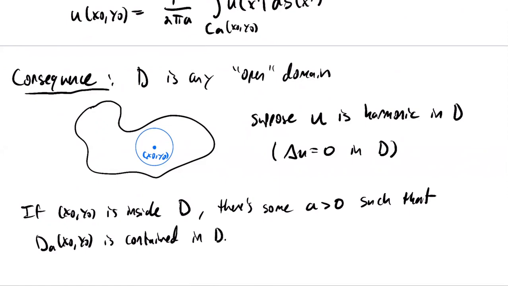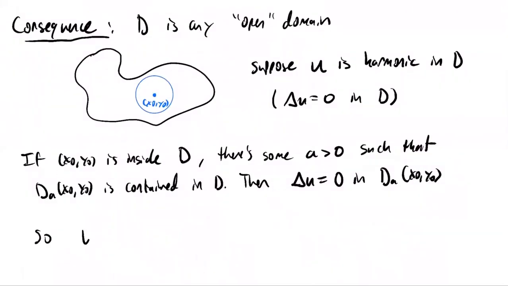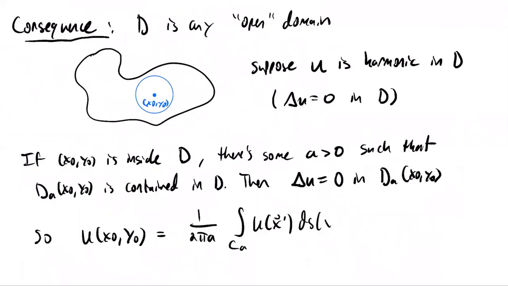Well, since we're assuming that u is harmonic at every point in the domain D, it follows that u has to be harmonic at every point in this disk. So the Laplacian of u is 0 in this particular disk. But that means that this formula up here applies, so the mean value property applies, and we get that u at this point is equal to 1 over 2 pi a times the integral on C sub a of u.